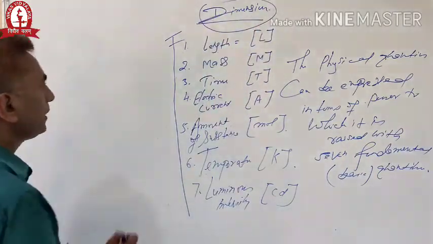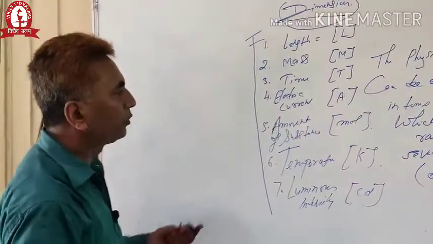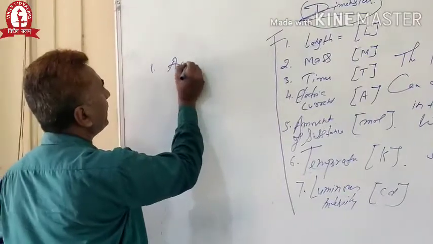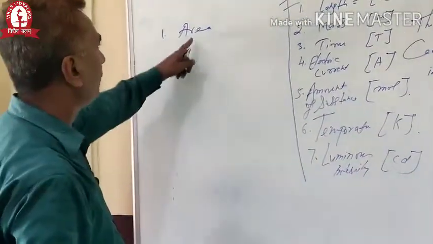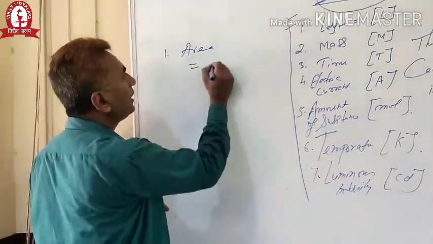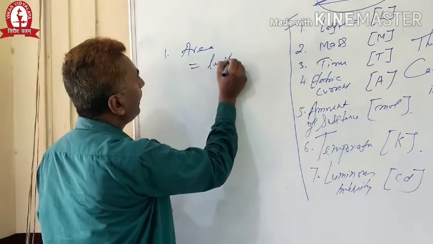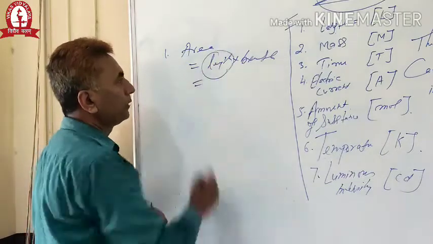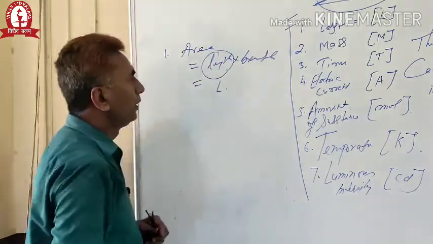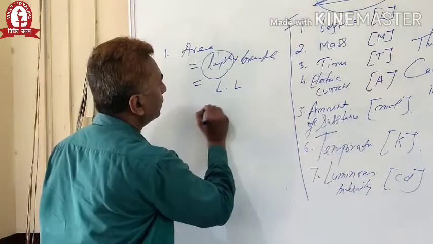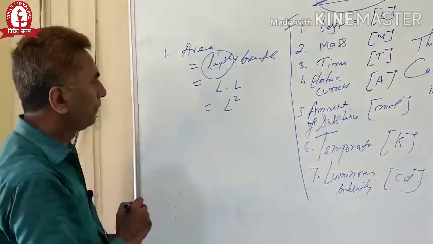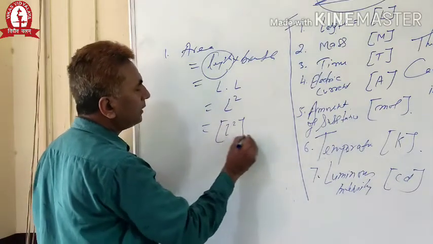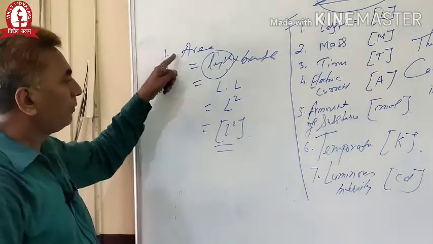The first quantity, that is very simple, I would like to take so that things could be very clear to you. I will write area. Suppose I have to write the dimension of area. You know the formula of area is length into breadth. For length the dimension is L, and for breadth also the dimension is L. So in total this is L square, this is the dimension of area.